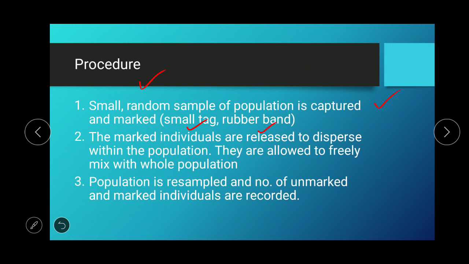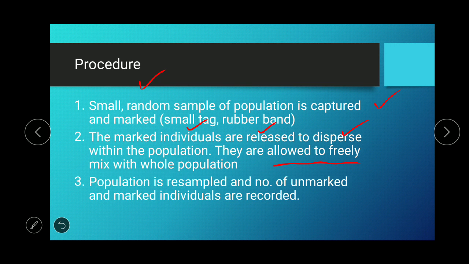Marking here doesn't mean that you have to mark them with your pen or pencil. You will mark them with a small tag, or simply put a rubber band on their ear. Then the marked individuals are released to disperse within the population. They will be allowed to freely mix, and obviously they will mix with the whole population, and then the population is resampled again.